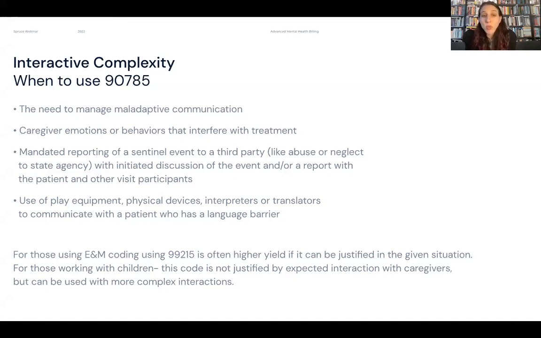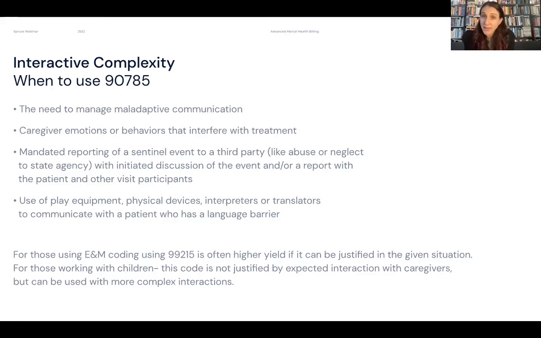For those of you who work with children, this code is not justified by expected interaction with caregivers, but can be used in more complex interactions. So if you work with children, the expectation is typically that you have some interaction with their caregiver as well. So it's not acceptable to bill interactive complexity every time you meet with a child.